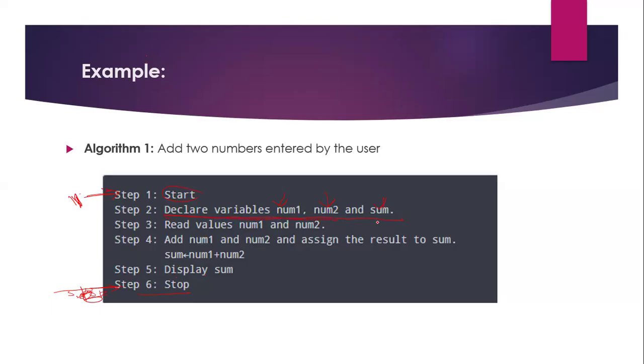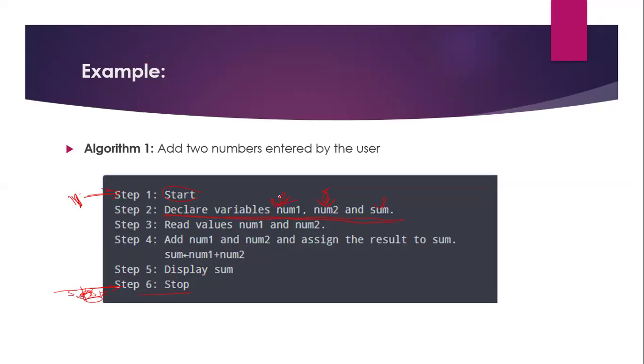We declare variables because without declaring them, we cannot assume a value for these numbers. Even though we get the numbers from the user, we don't have any place to store them, so we cannot do the addition.